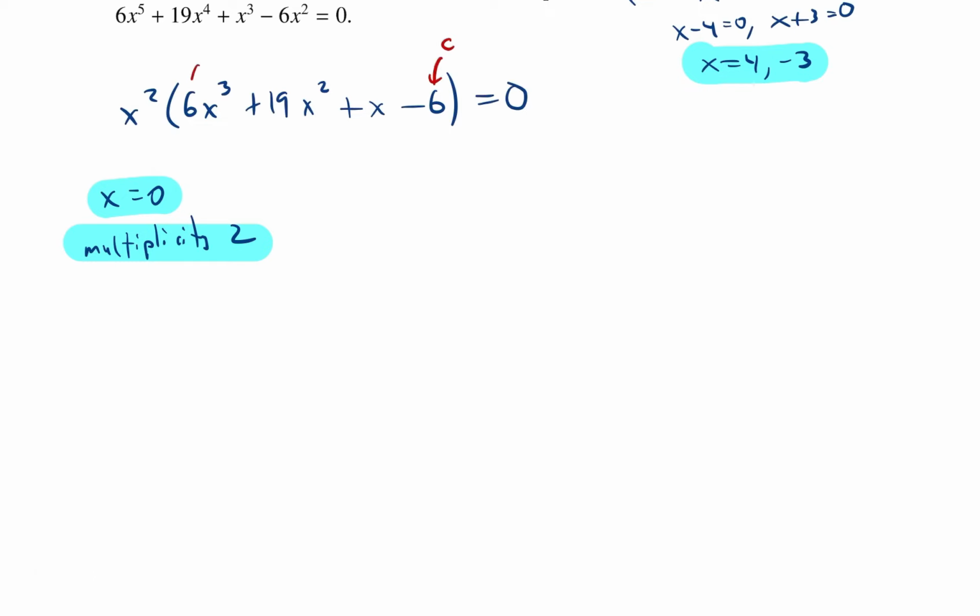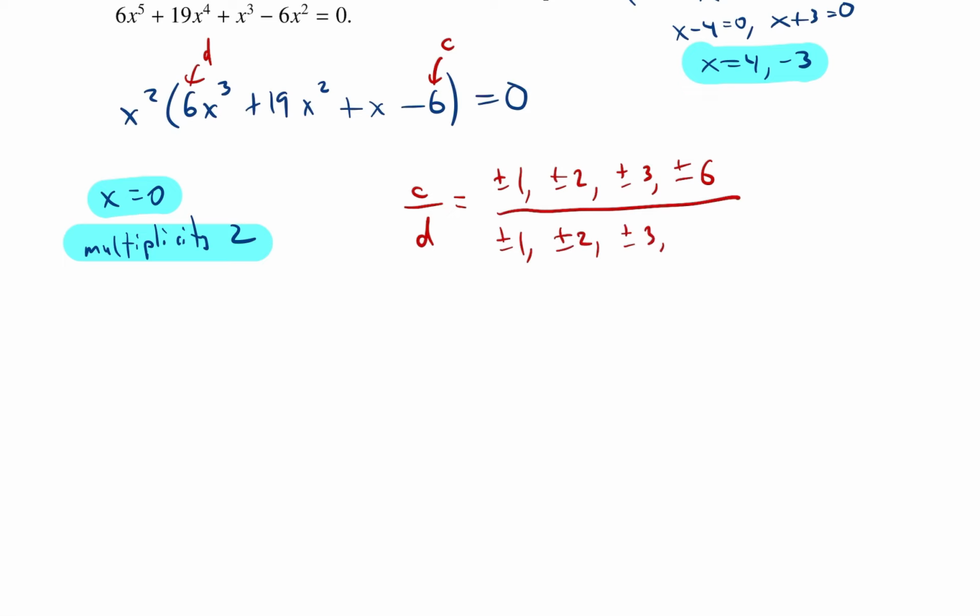So let's do that. Let's find the c over the d's. C over d is going to be all the factors of 6, which are 1, 2, 3, and 6. And same thing for the denominator. Since it's 6 as well, it's going to be the same exact thing.